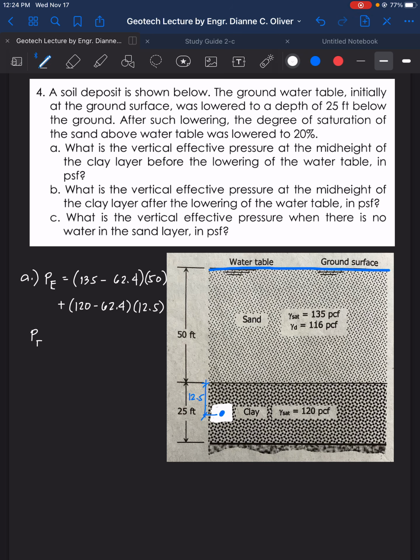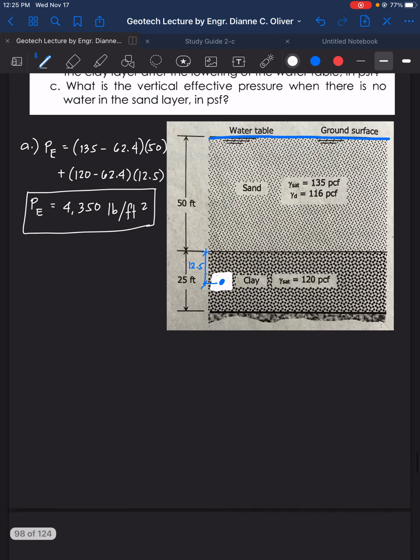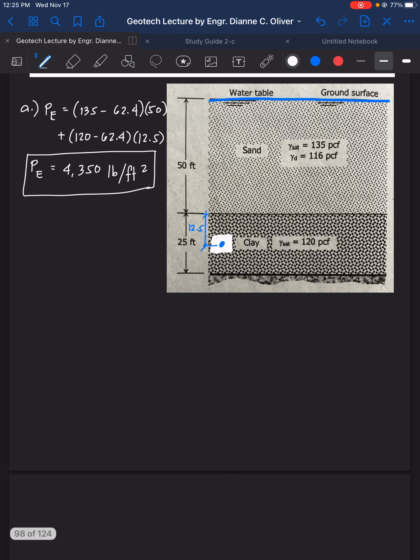So P effective now is equal to 4,350 PSF, or pound per square foot. So that is for letter A. Before it was lowered. And how do we draw the next one?